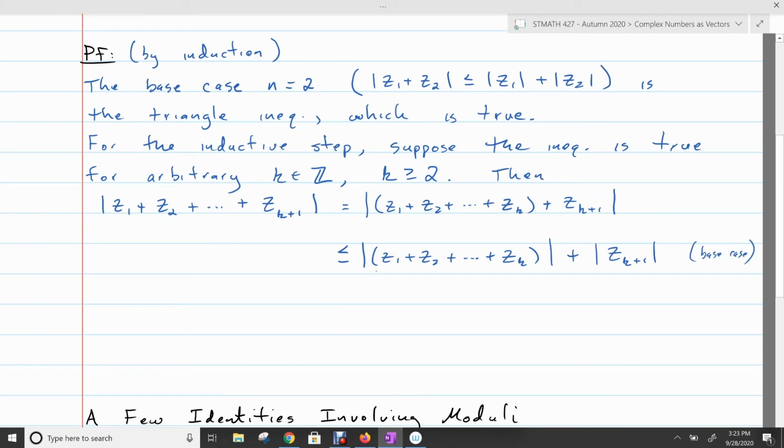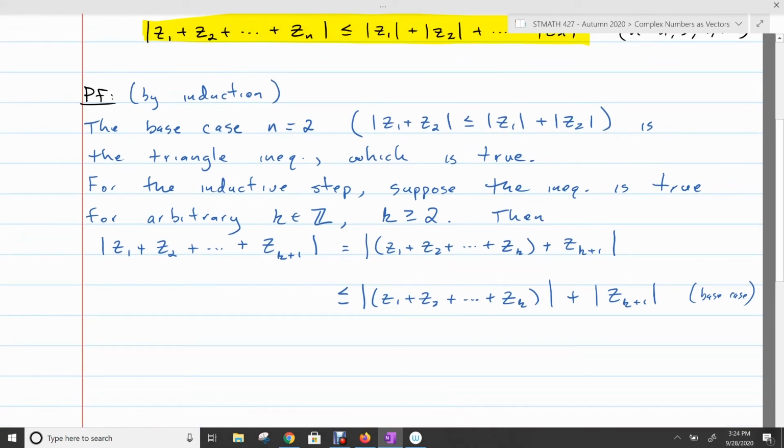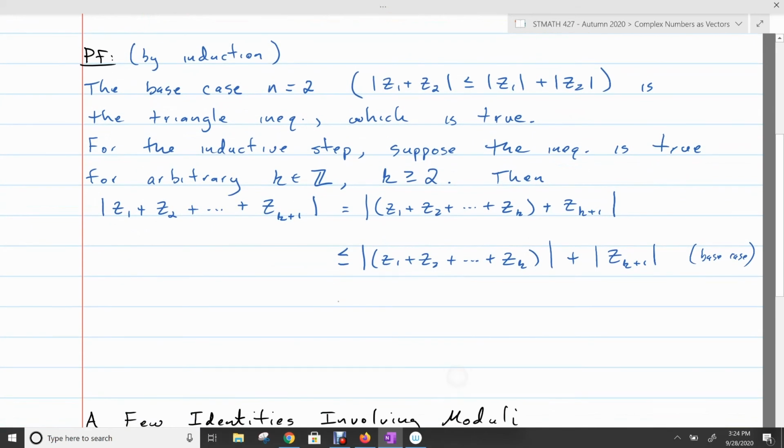The first term here in the modulus, the modulus of z1 plus z2 up to zk, falls under the inductive hypothesis. We've assumed that the inequality at the top is true for arbitrary k. So I can write this as less than or equal to absolute z1 plus absolute z2 plus all the way up to absolute zk, plus then I still have that last term there.